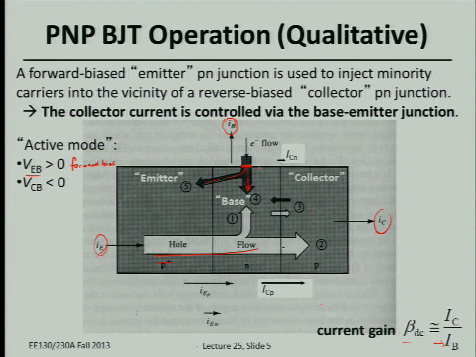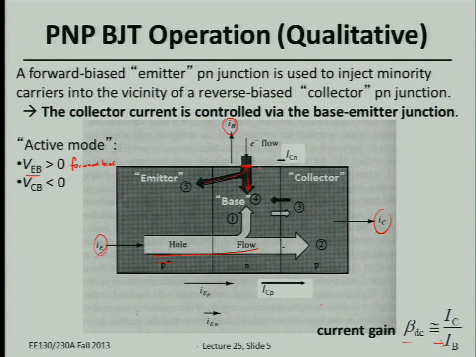So how do we minimize recombination of electrons and holes in the base? Exactly. John was saying we make the base very short, short relative to the diffusion length. That's right.